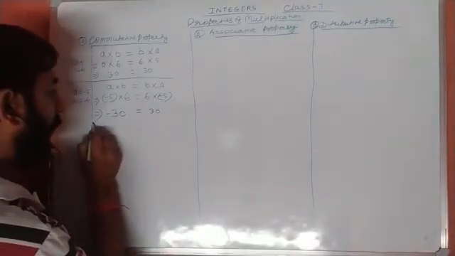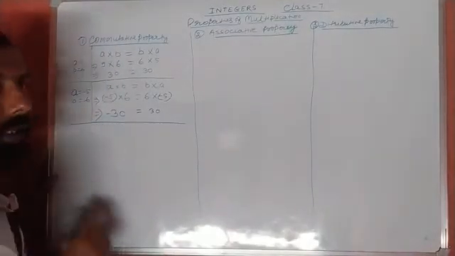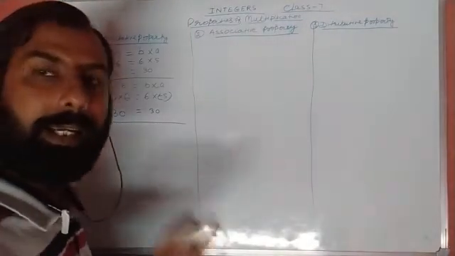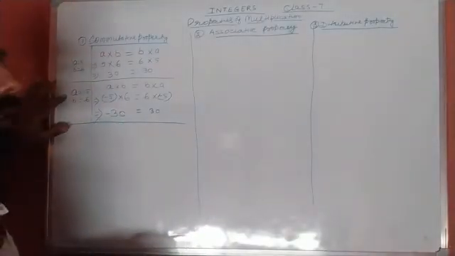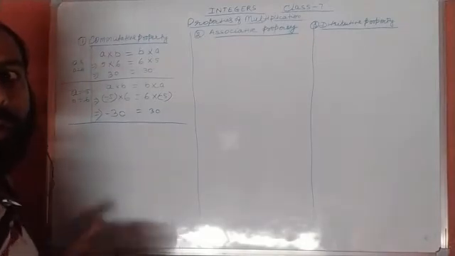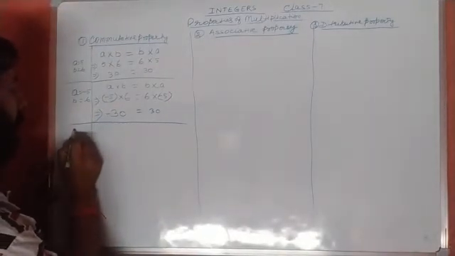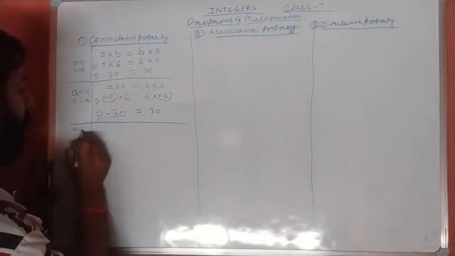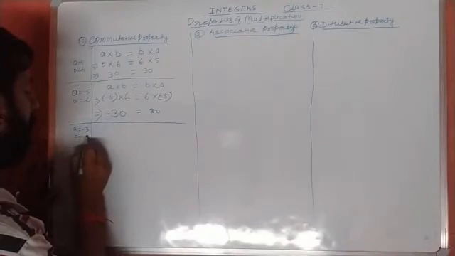Now I am going to take another example where all the integers are negative. Here were the positives, here negative and positive, now all the integers are negative. Suppose a equals minus 3, b equals minus 6.